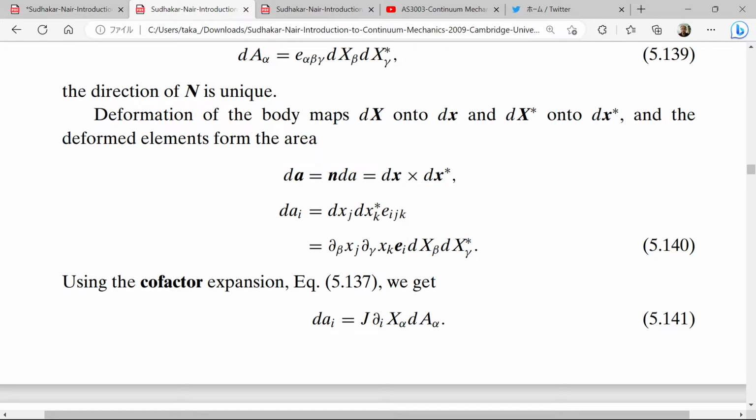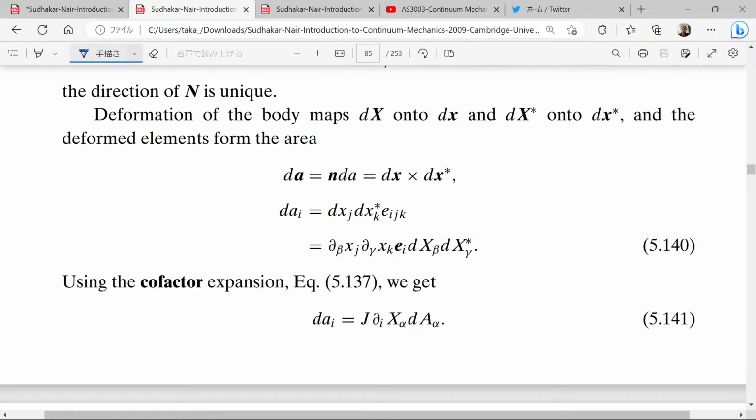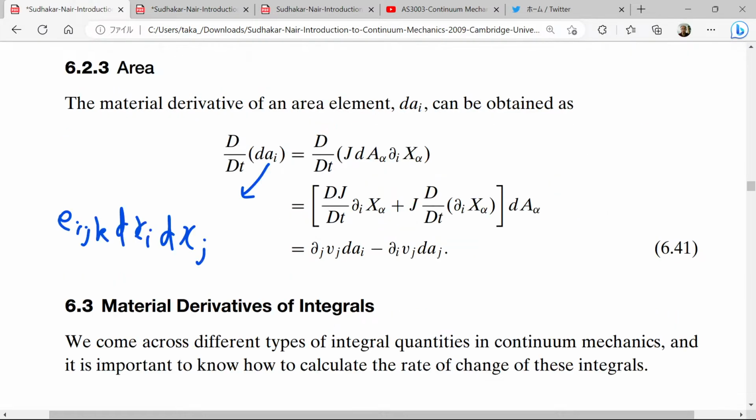There are two vectors. So we need two vectors, dx and dx star. Okay, so this is easy to remember.